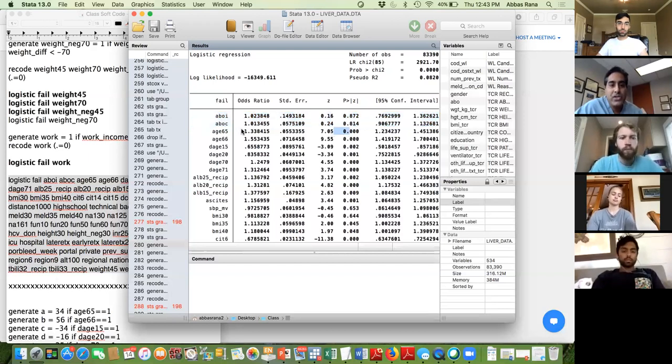Now, age 65: there's a 33% increase if you're above 60 to 65, and over 65, a 55% increase. That was different from the univariate. You can see the univariate and the multivariate differ, but that's the way it is. This is a multivariable adjusted analysis. Now, if you don't have many patients, you have to be very cognizant of the number of variables that you use.